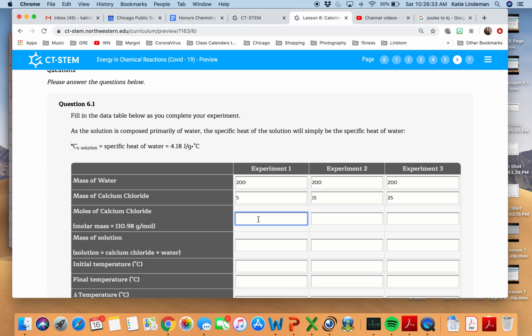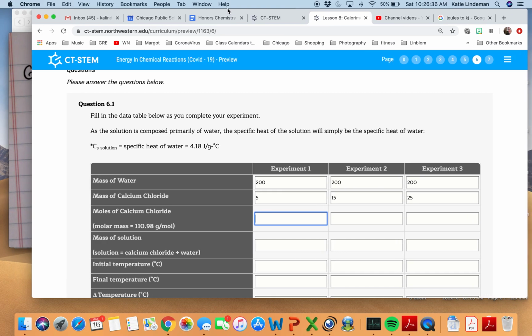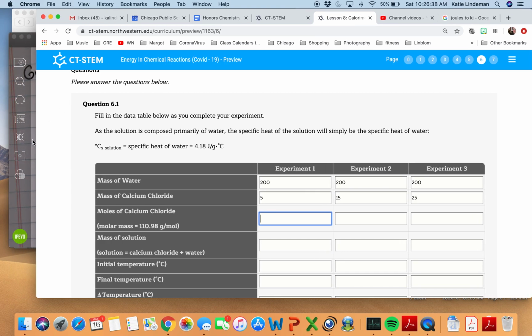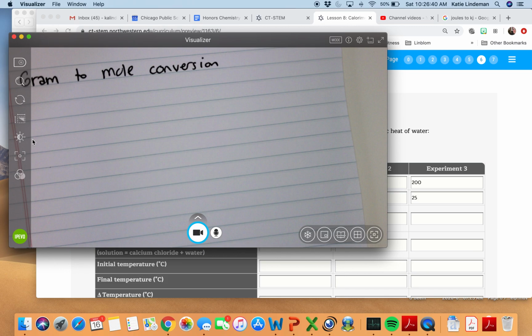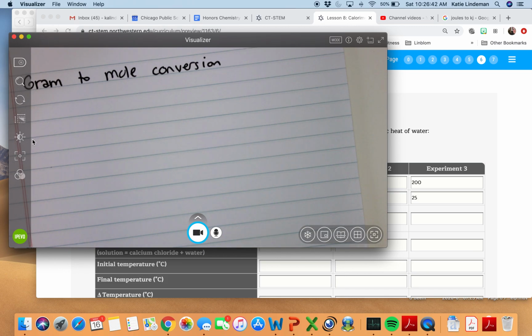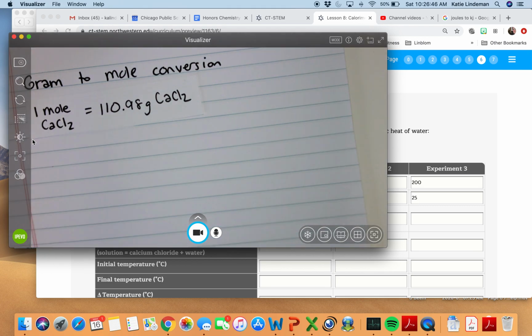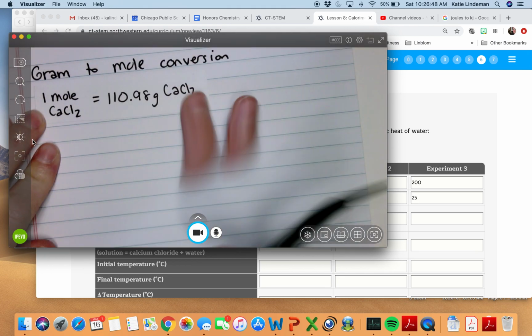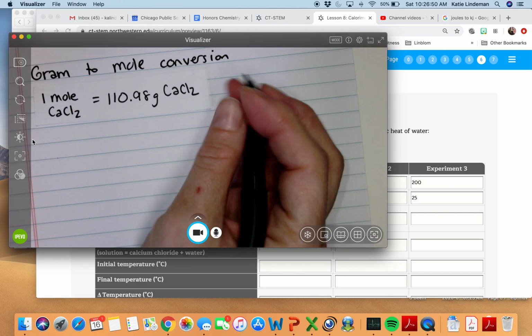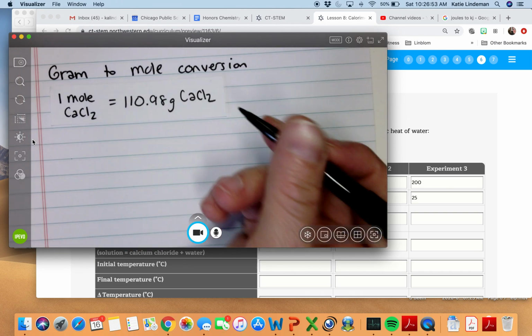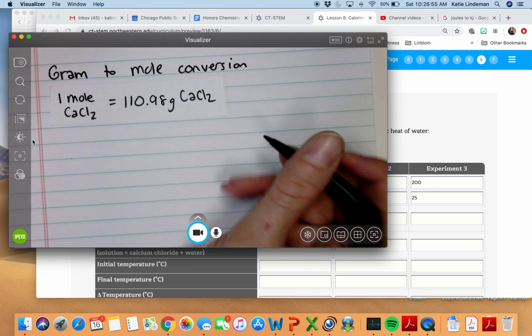The next one we have is the moles of calcium chloride. So I'm going to go over to my calculator and do a simple conversion. I'm given this information that 1 mole of calcium chloride is equal to 110 grams of calcium chloride. Okay, so this is the conversion factor I'm going to use to solve this out.